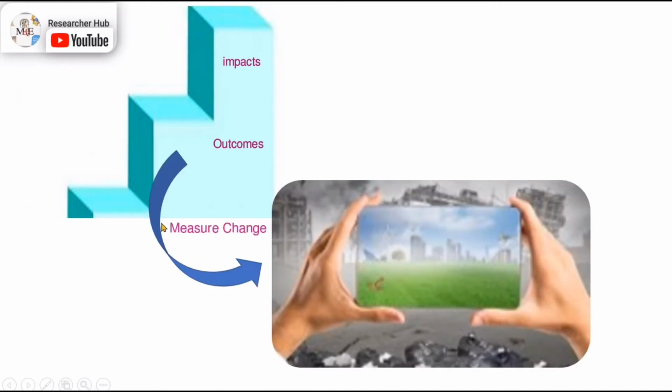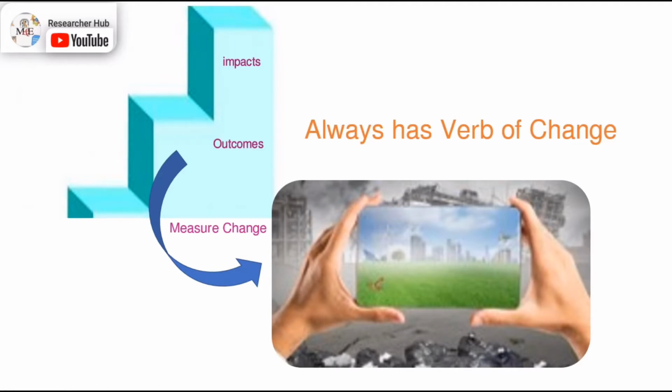For the next level, I classify it as another level of indicators, which I call outcome or impact indicators. This indicator is mainly used to measure change. In the indicator statement, you will very often see a verb of change.